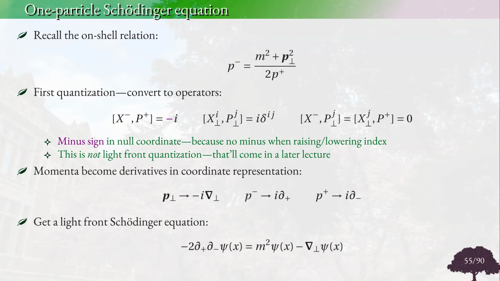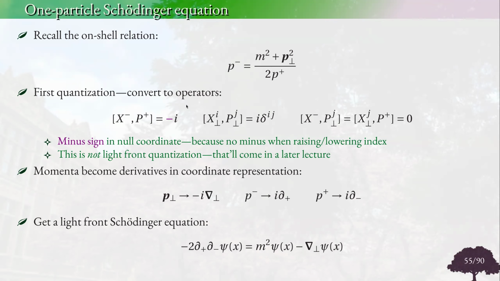So x upper minus is equal to x lower plus, whereas x perp upper minus is equal to minus x perp lower. So there's a difference in sign in the commutation relations.